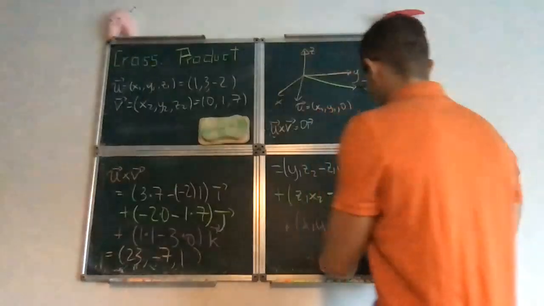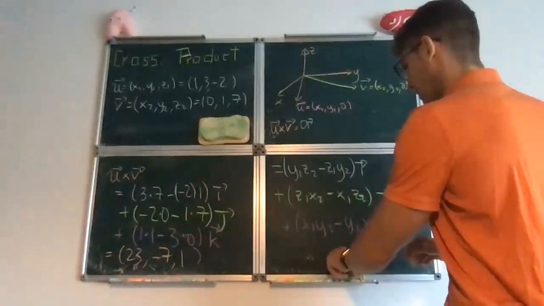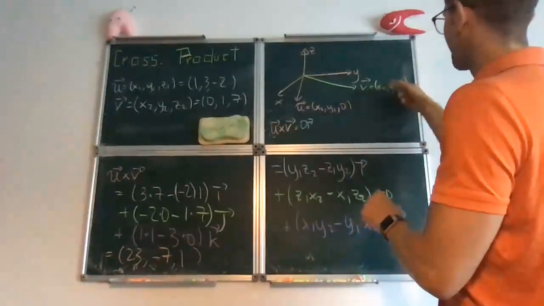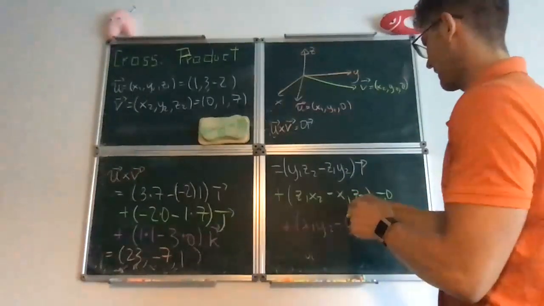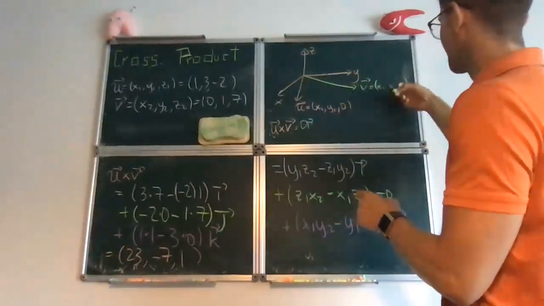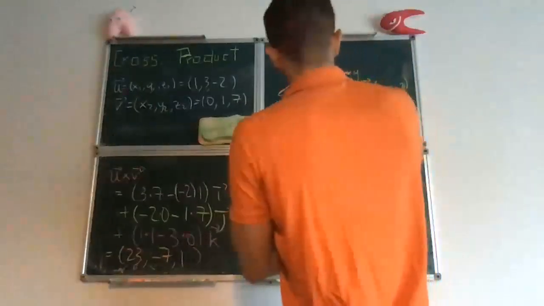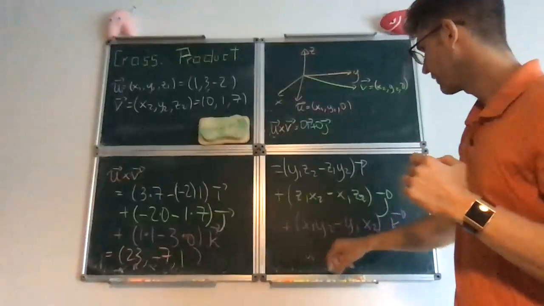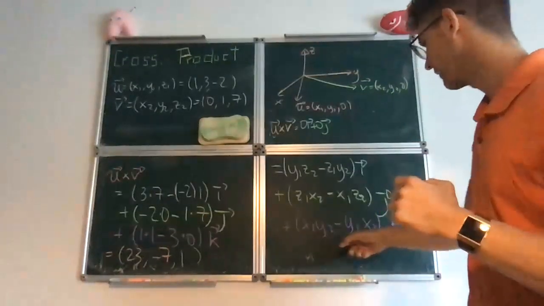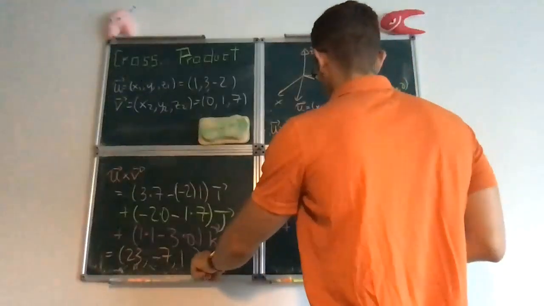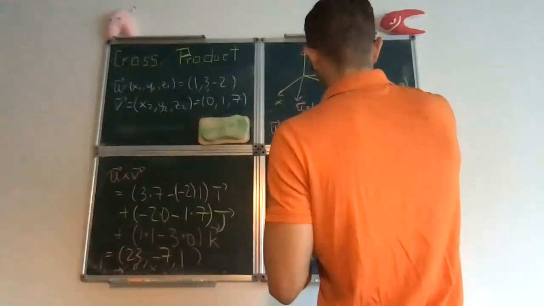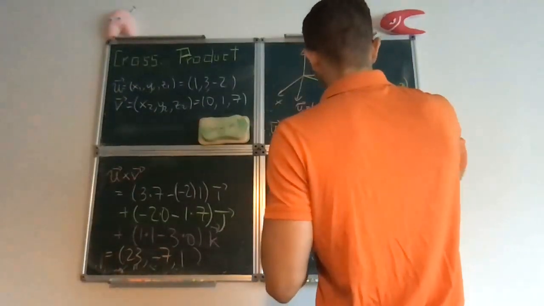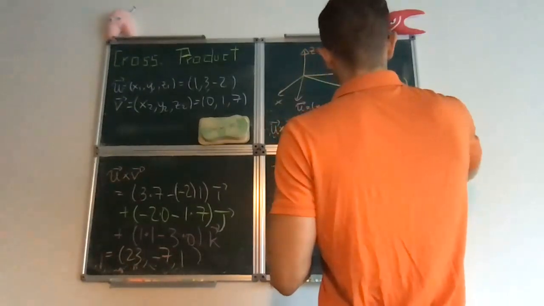Then you get what happens on j. Well, it's c1 x2, but again c1 goes away, and x1 z2 and c2 goes away, so you get 0j. And finally, you get something here, which is, you don't know what that is. You just get x1 y2 minus y1 x2 k.